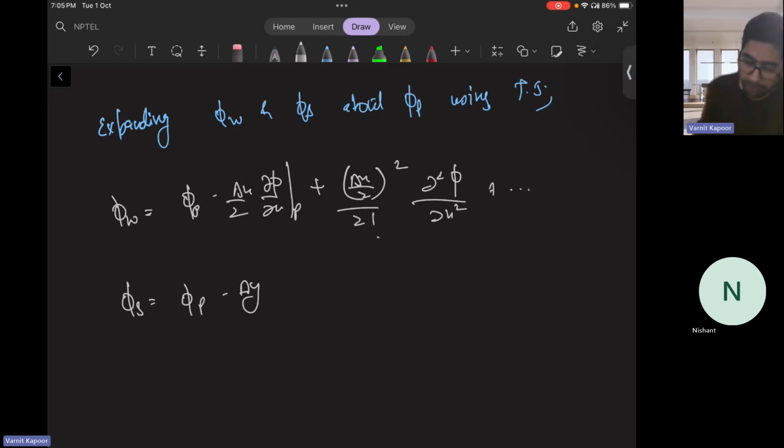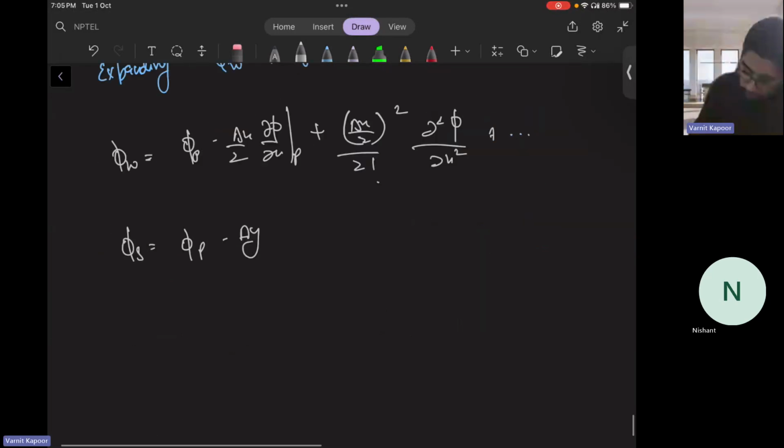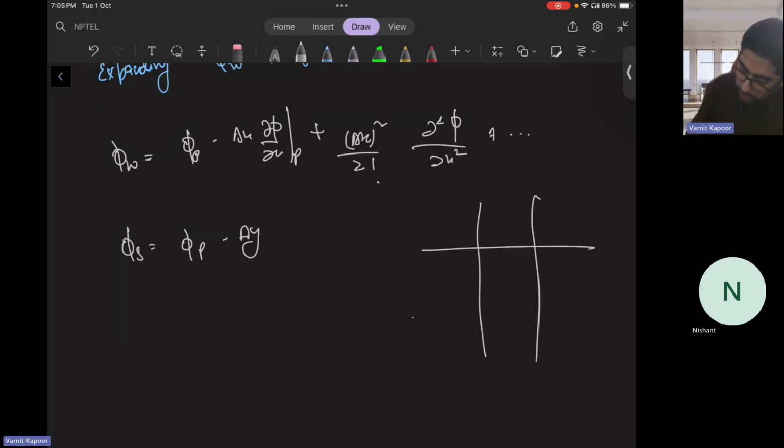Similarly, phi south. Why am I taking del x by 2? Okay, sorry. These are the capital values, so these will be not del x by 2, del x square. I mean, if you see about P, the west value is calculated at minus del x.